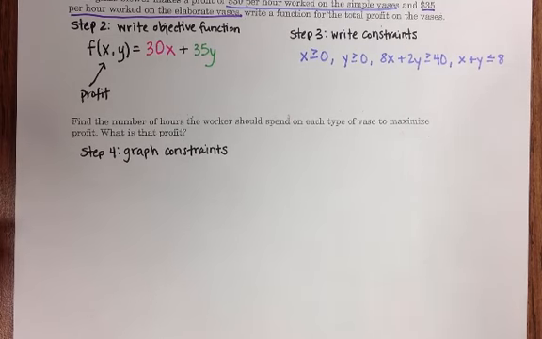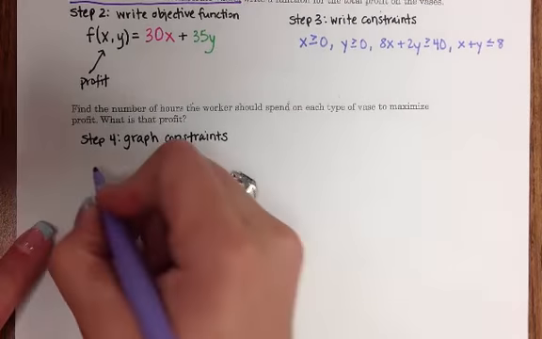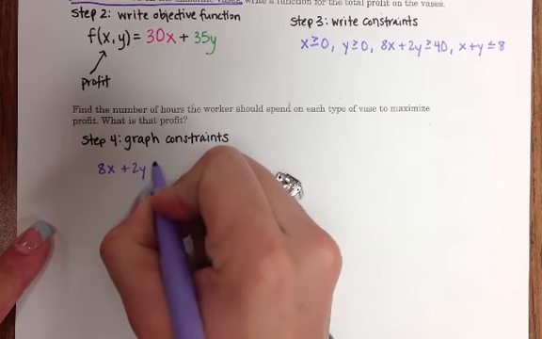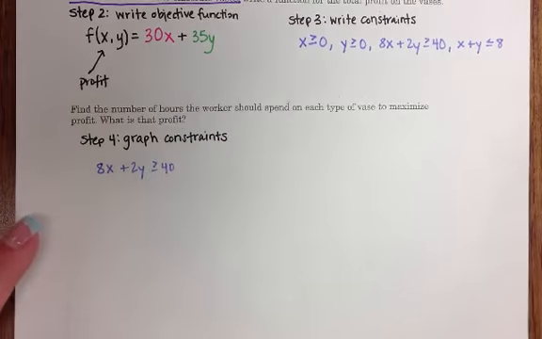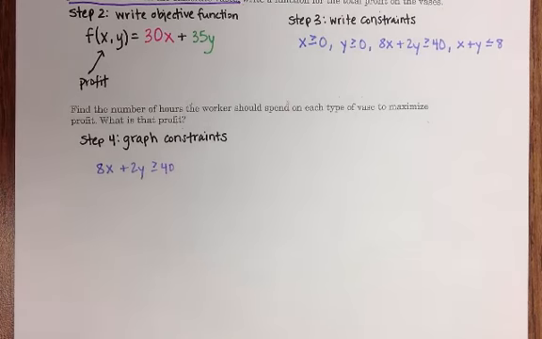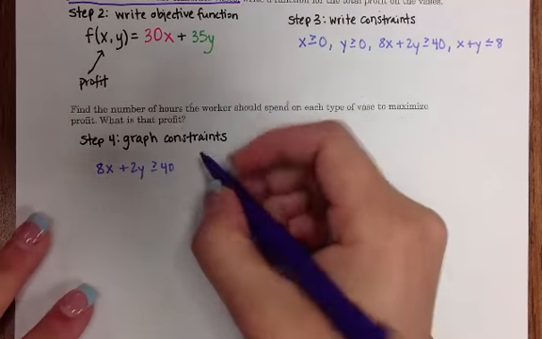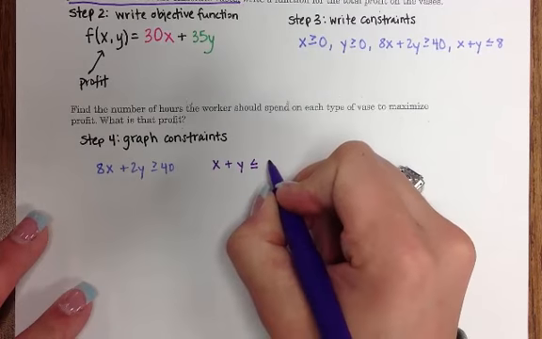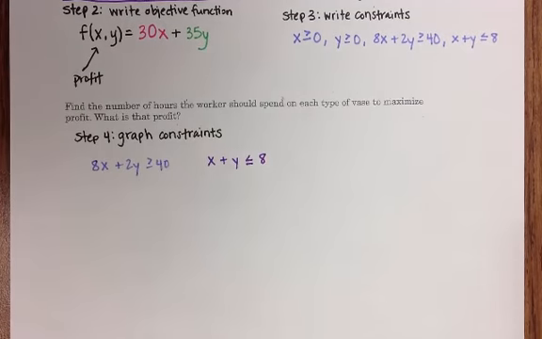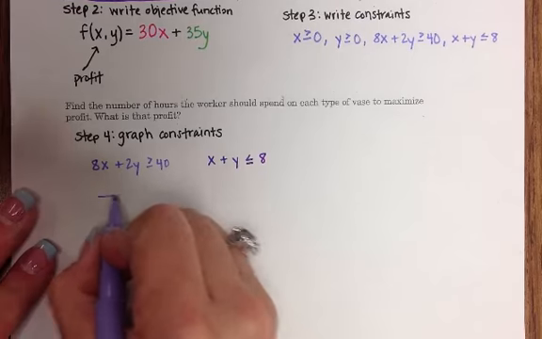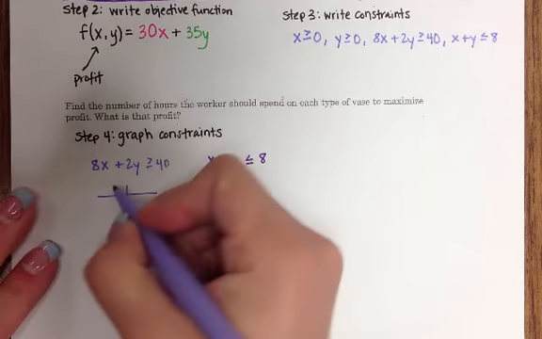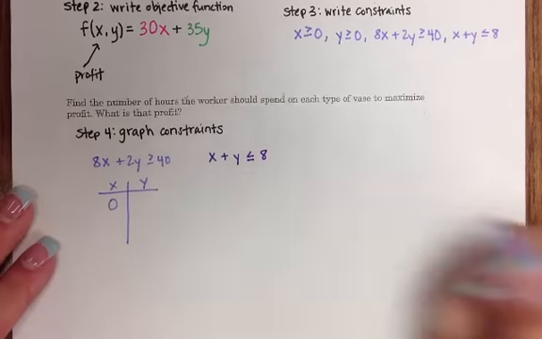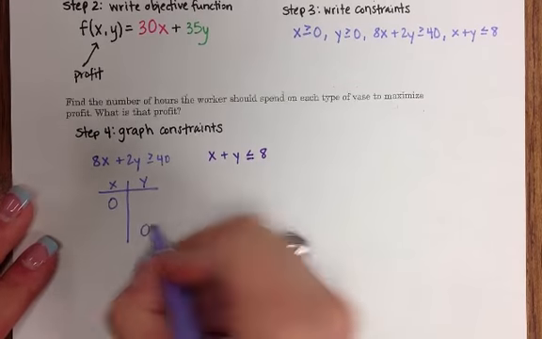Looking at our inequalities, one is 8x plus 2y is greater than or equal to 40, and our other was x plus y less than or equal to 8. So we can solve for our intercepts. If we make an xy table, we can solve for when x equals 0 and for when y equals 0.